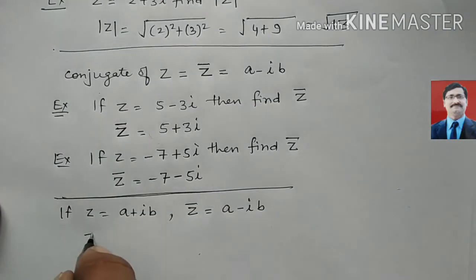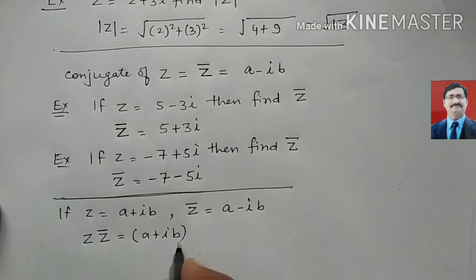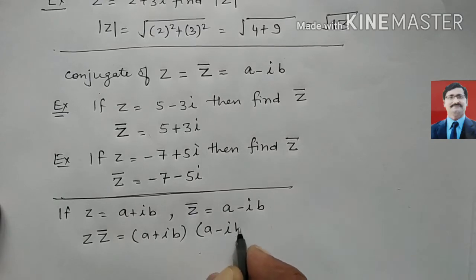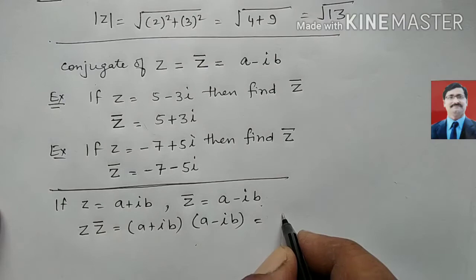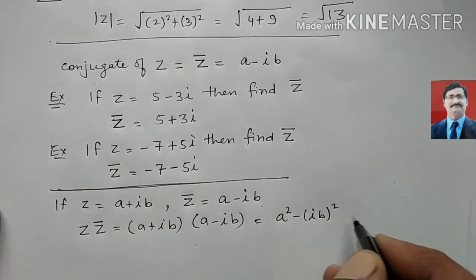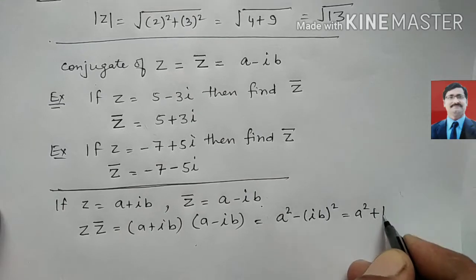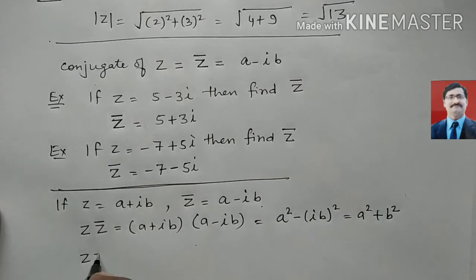If you multiply z and z conjugate, we get a plus iota b and a minus iota b, and this multiplication you can write as a square minus iota b whole square, that is a square plus b square. And this a square plus b square is the square of the modulus. You already know what the modulus of z is.